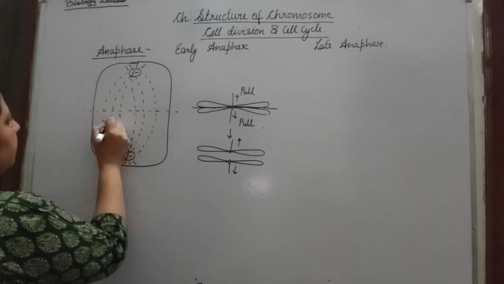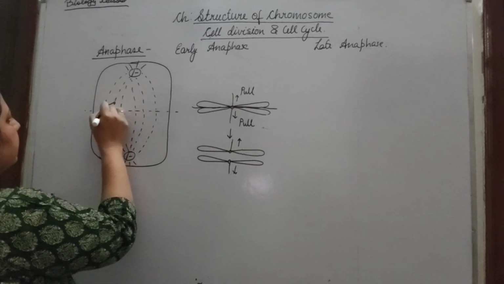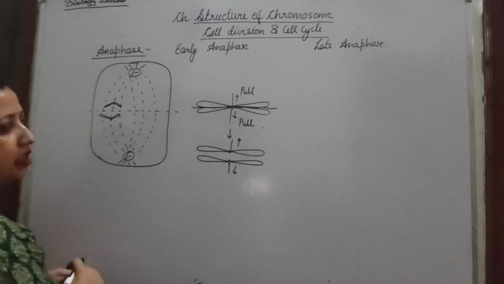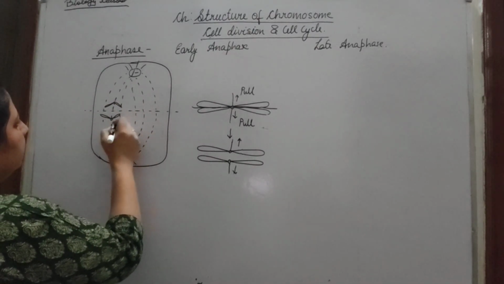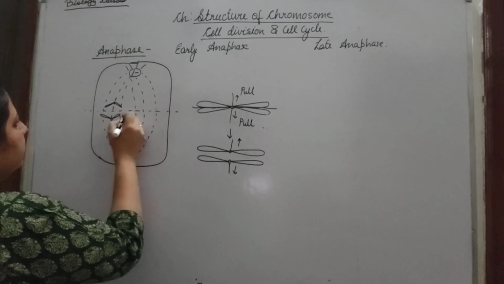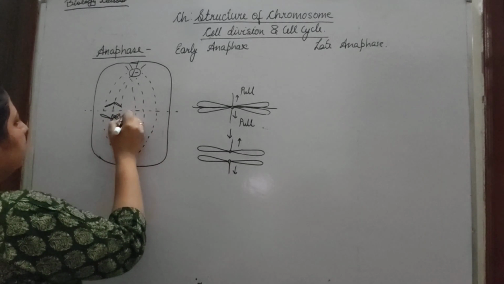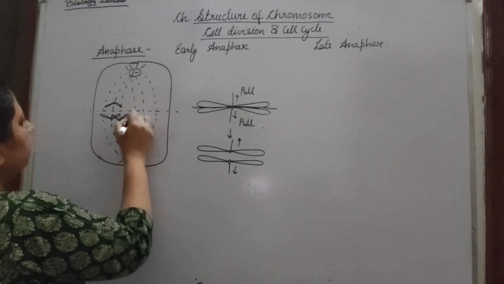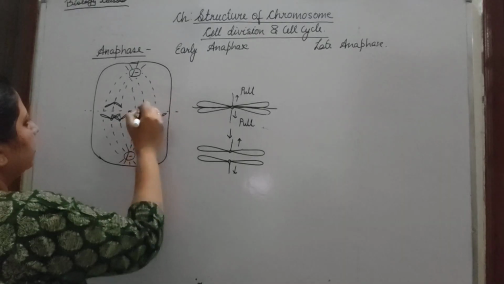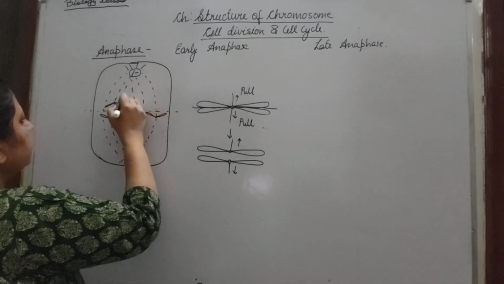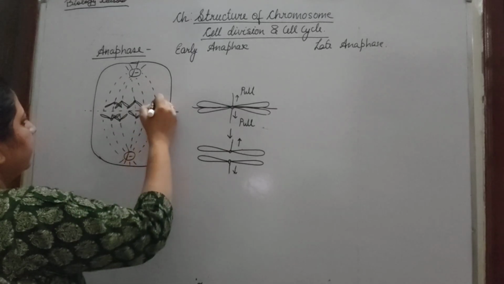This is the chromosome, and now it splits into two parts, two chromatids. This is one, another is the second one, this is the third one, and this is the fourth one. Here we also show this kind of splitting.